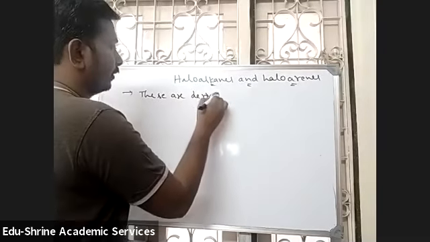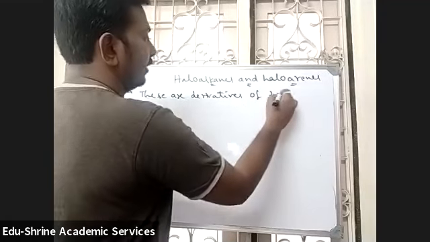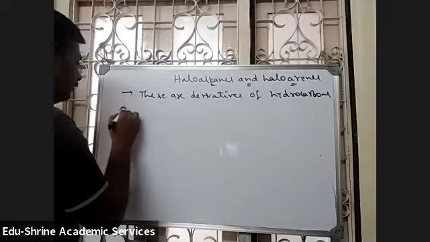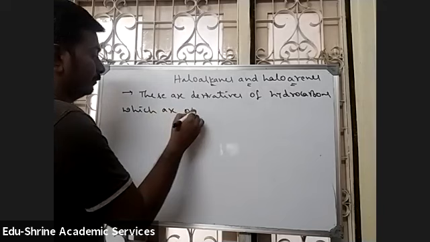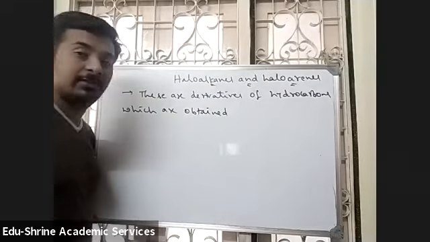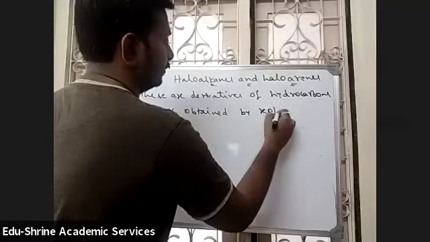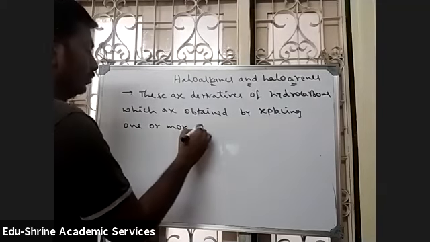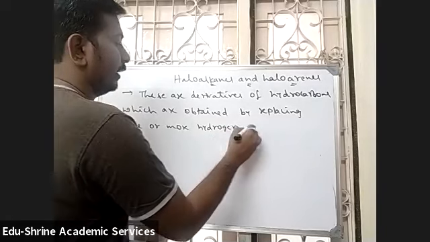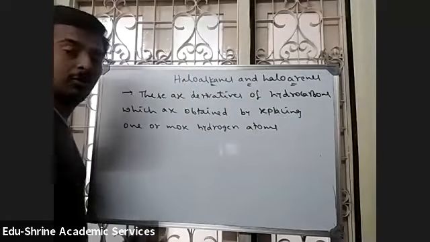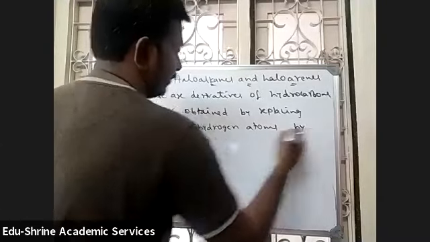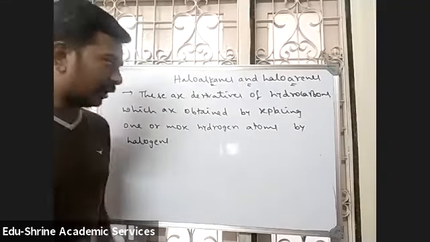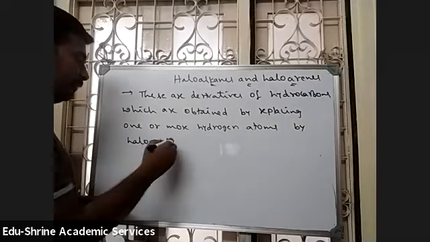These are derivatives of hydrocarbons which are obtained by replacing one or more hydrogen atoms by halogens.